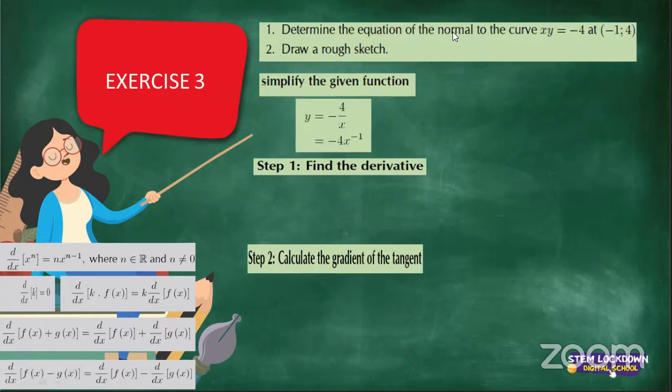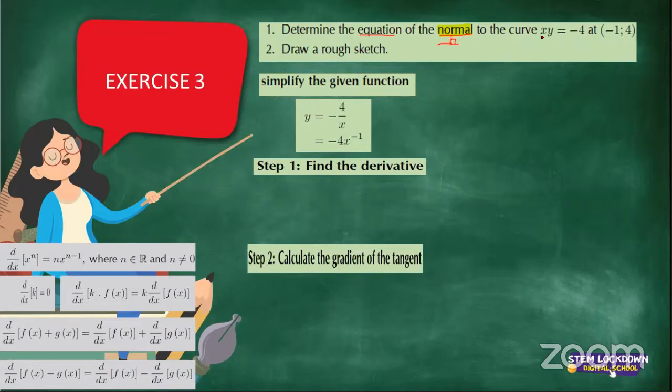Already you can highlight that. So normal means what? Perpendicular to tangent. So you had to determine the equation and you have a normal, so it means perpendicular. So it means the line which is perpendicular to what? To your tangent.